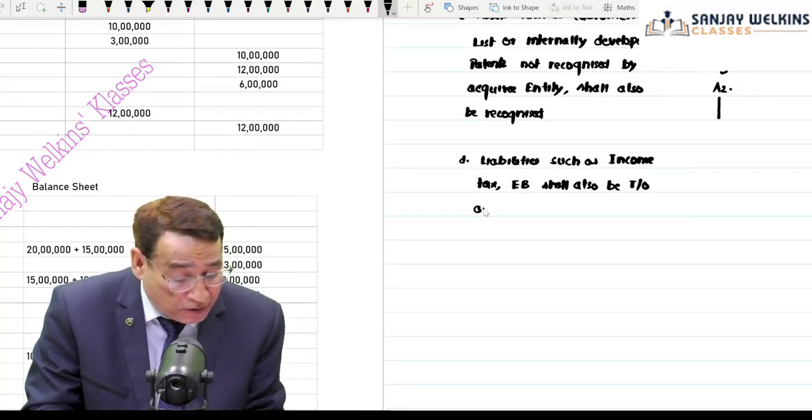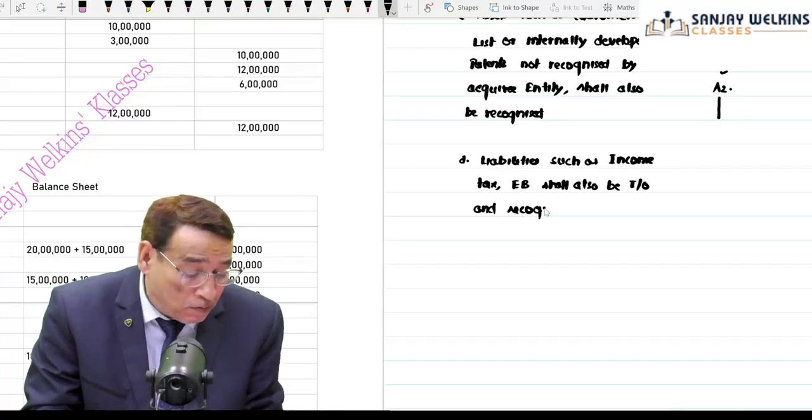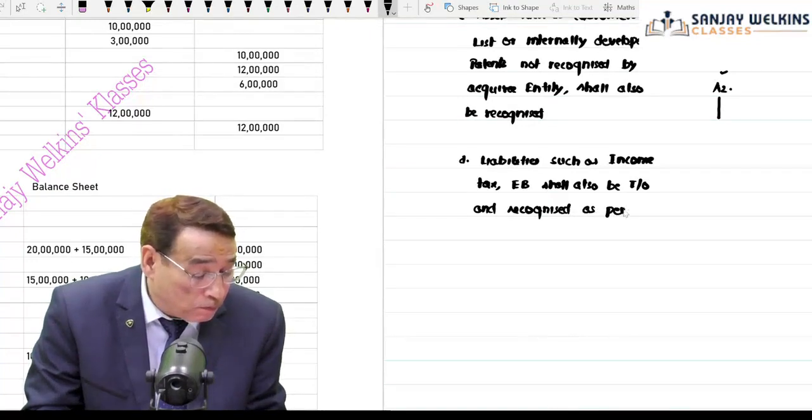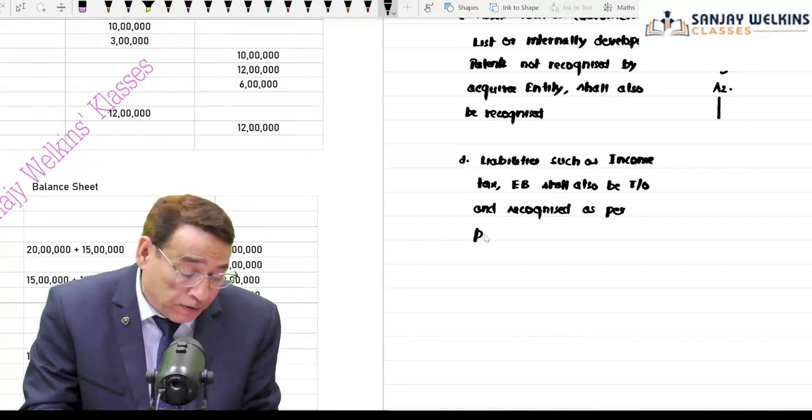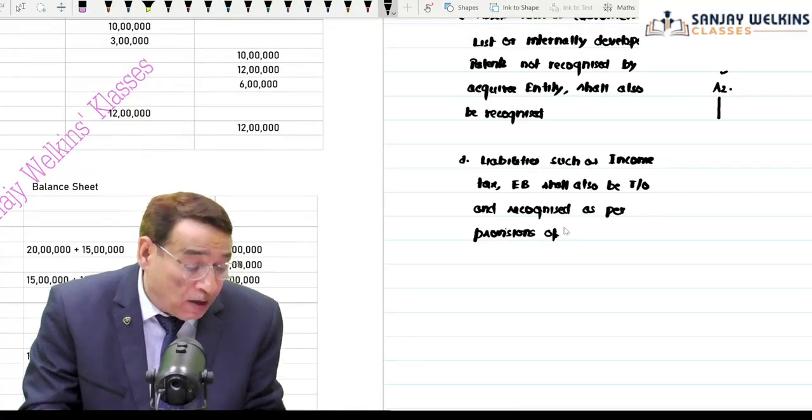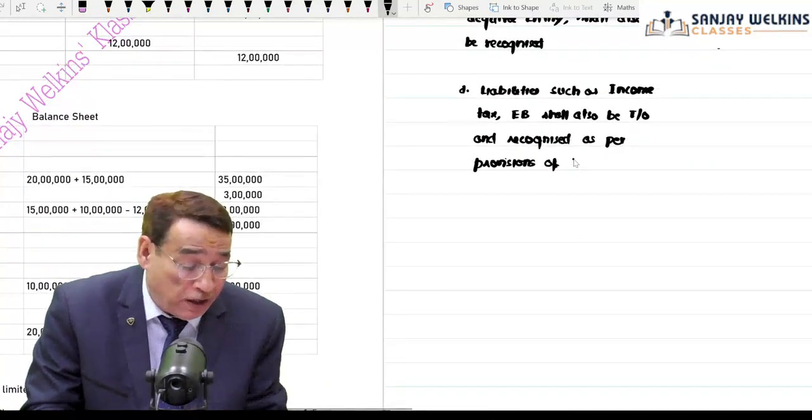And recognized as per provisions of Ind AS 12 and 19 respectively.